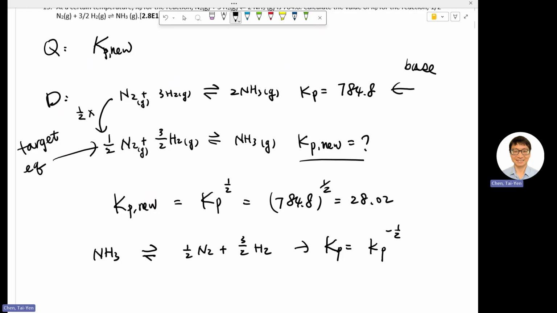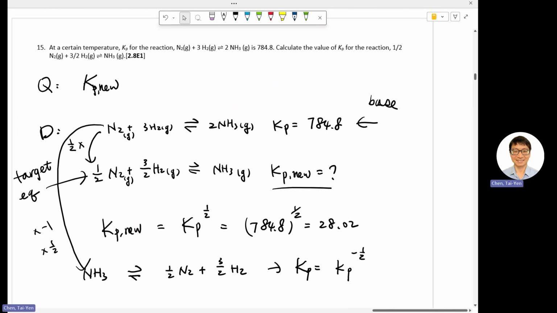If we compare this one to this, I multiply 1/2. I also flip the direction, therefore I multiply -1 as well, right? And all those operation goes to the exponent of the original k. So those are the questions that you probably will encounter in your midterms.